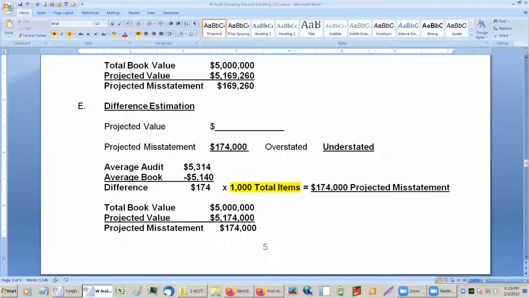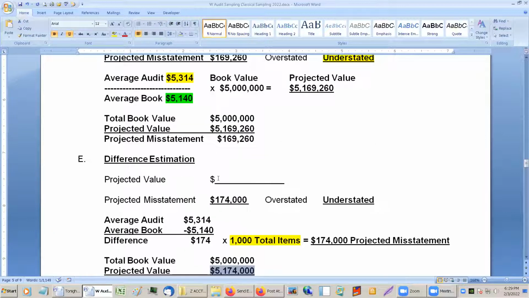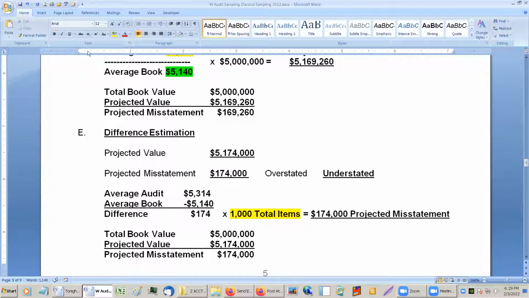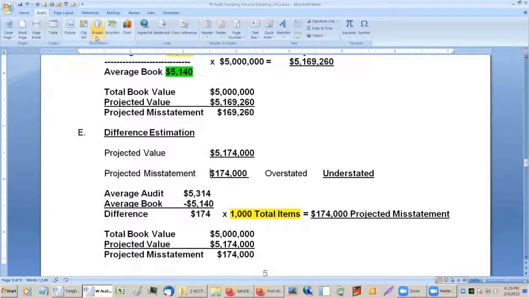If we're saying in total they've got to add 174 for each one of these, they've got to bump the entire total up to this. So it's kind of like backing into the projected value. You can also just think about it as telling them you have to add 174 on everything. That's maybe a better way to think about it.